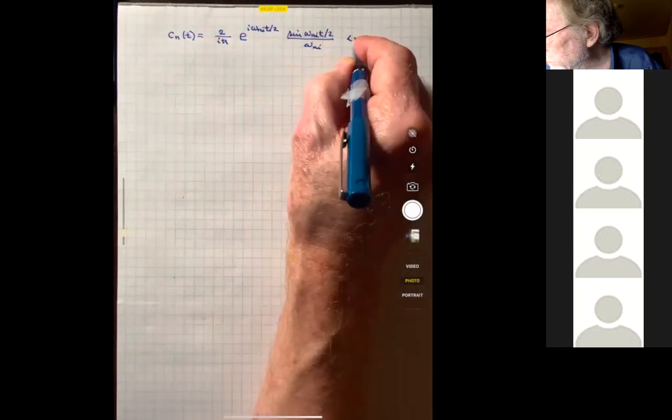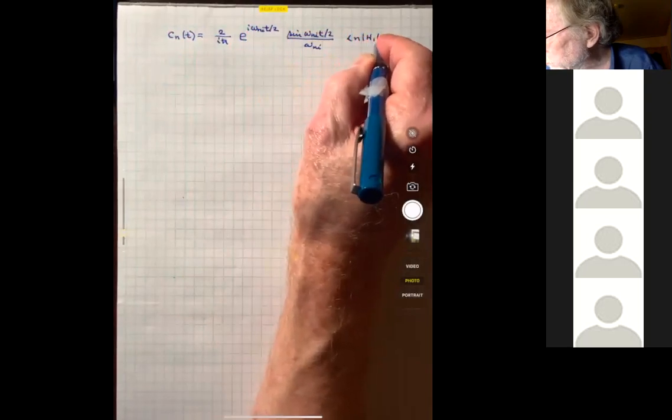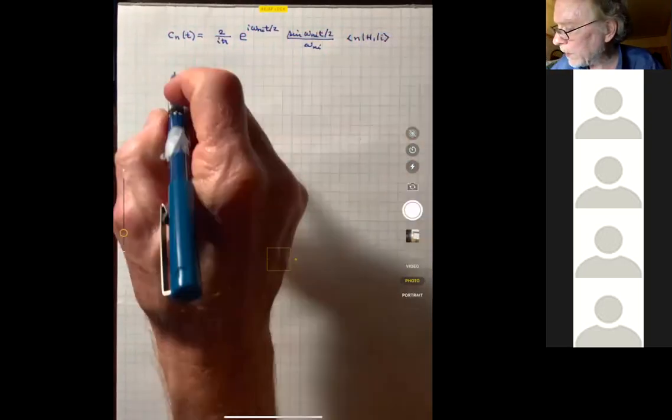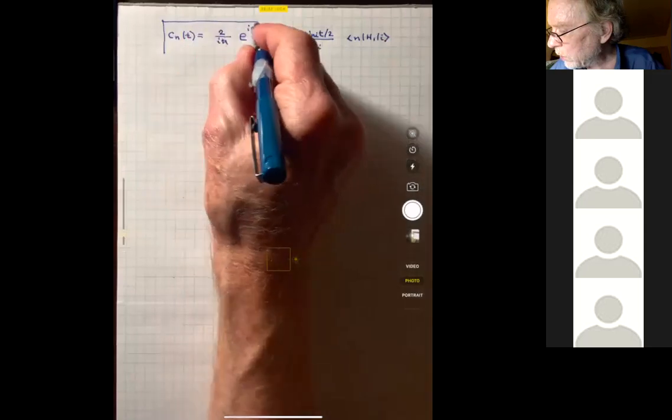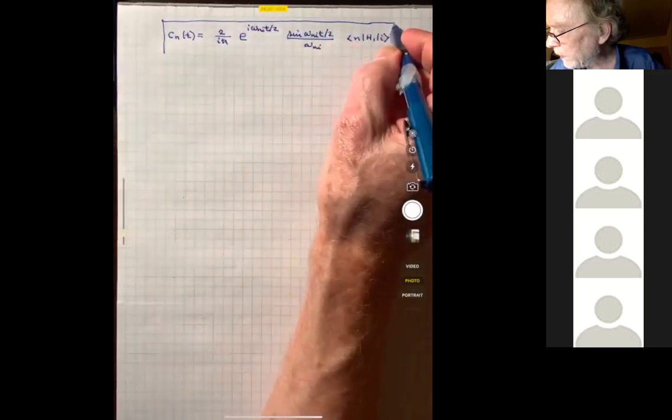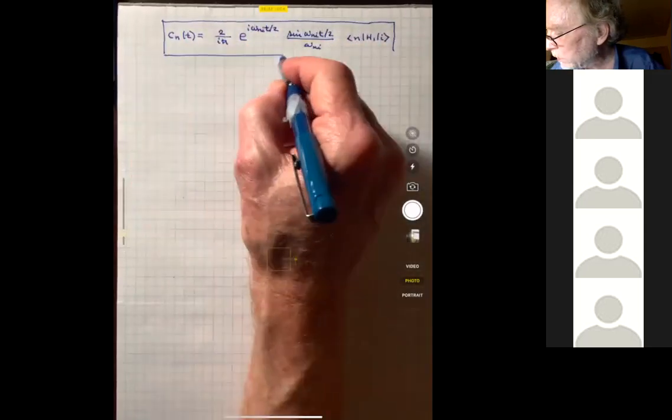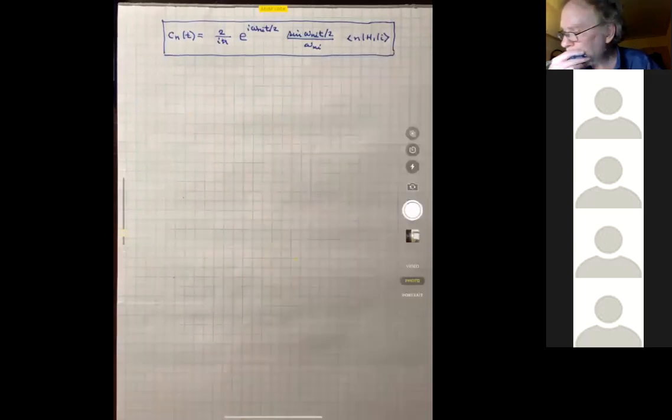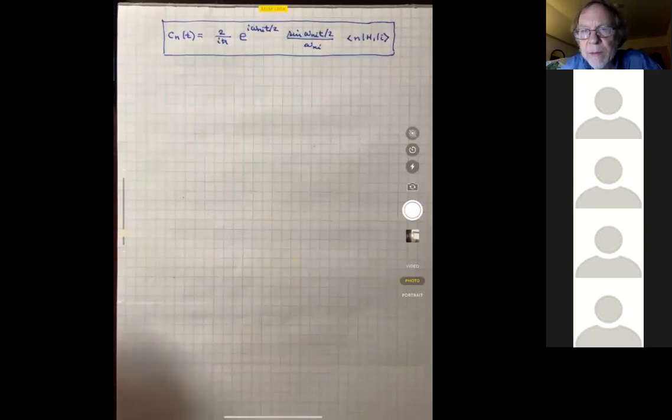And then there appears the matrix element, which was independent of time, and so came out of the integral. So for Hamiltonians which are independent of time in the Schrodinger picture, this then is the transition amplitude in the interaction picture at first order. There's a zeroth order term, which is the Kronecker delta, remember, between initial and final states. This is the first order correction.